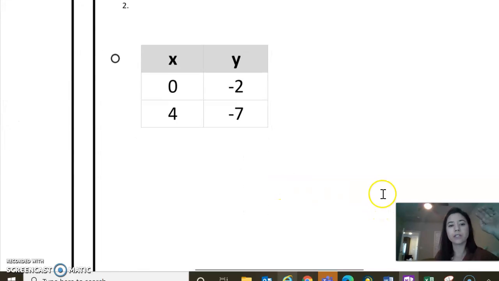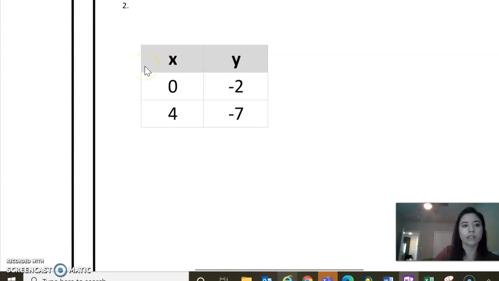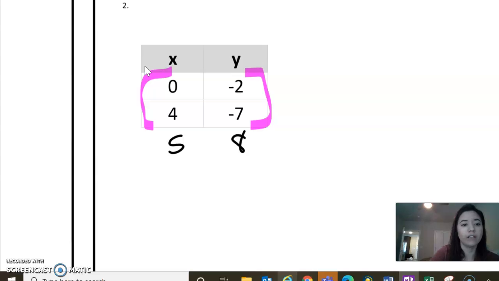Okay, so now we're going to do the same thing with a table. What if I give you a table? What you're going to do is label your first 2 points. Even if I had another point here like 5, 8, or whatever it may be, I want you to just focus on the first 2 given, just to make things easier and narrow it down.